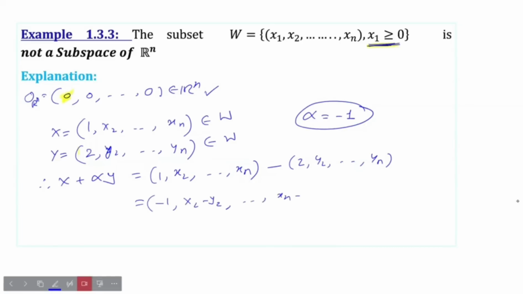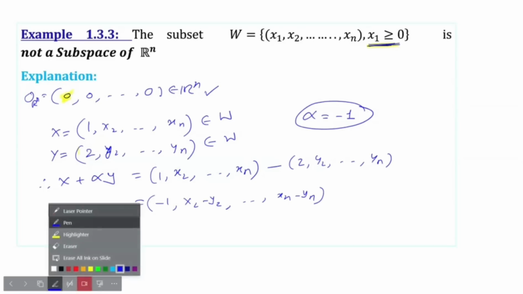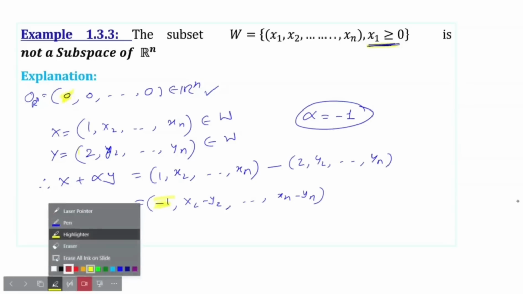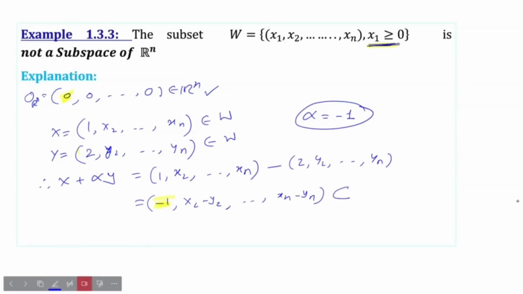Then we will have -1, x2 minus y2, and so on, xn minus yn. Whatever x2 minus y2, x3 minus y3 are, we don't bother, but the first entry is -1, which is negative, so it does not belong to W, as the condition of W is that the first entry should be non-negative. So therefore W is not a subspace of Rn.